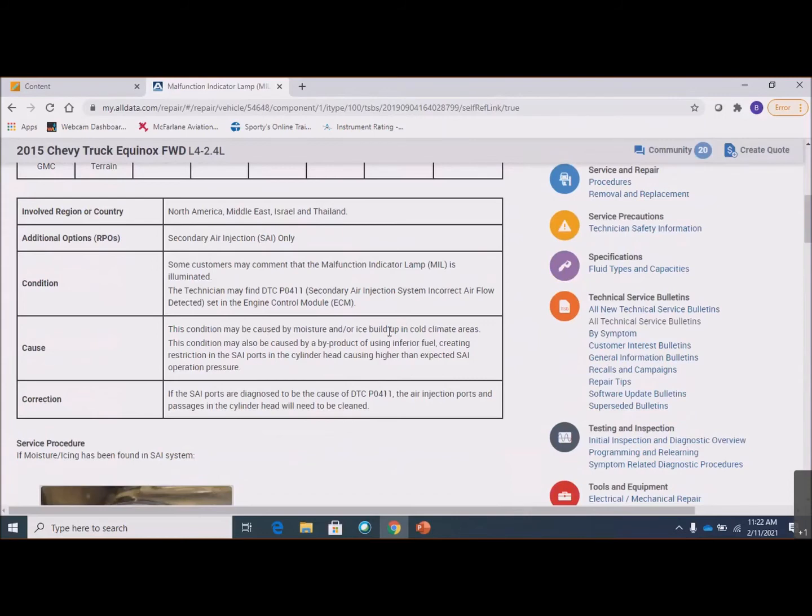So it says it might be caused by moisture and/or ice buildup in cold climate areas. May also be caused by a byproduct of using inferior fuel, creating a restriction in the secondary air injection ports in the cylinder head, causing higher than expected pressure. Right? So what does it do?